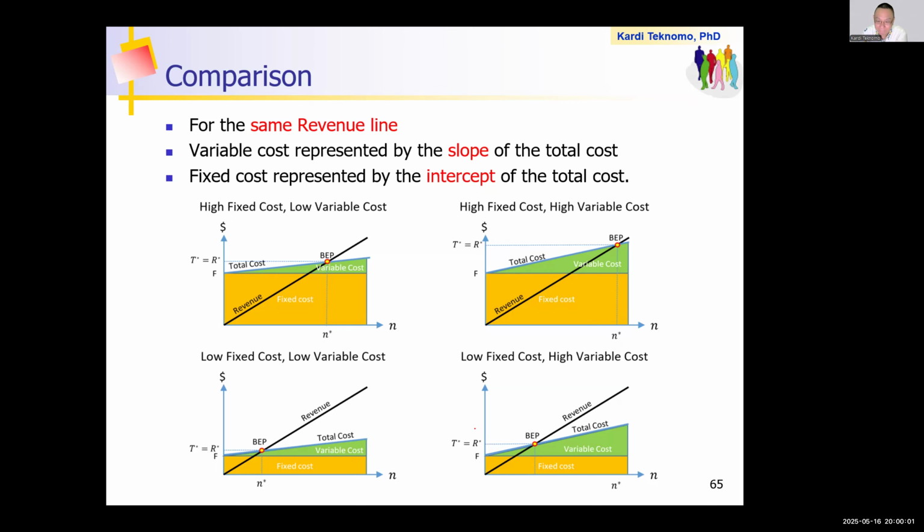That's correct. But if I'm the employee, you want higher fixed cost. If you are the employee, you want fixed salary. Right. That's exactly the contradiction in the business.